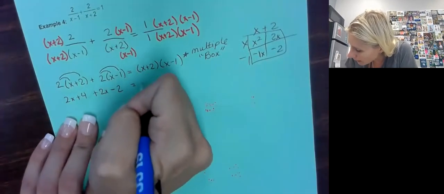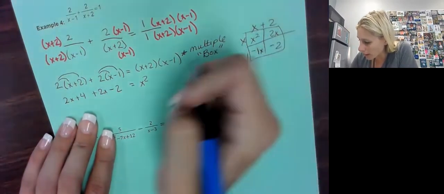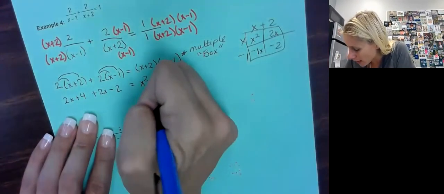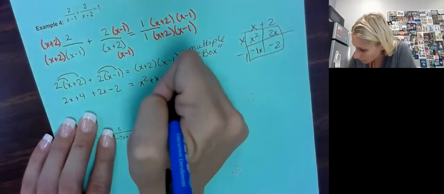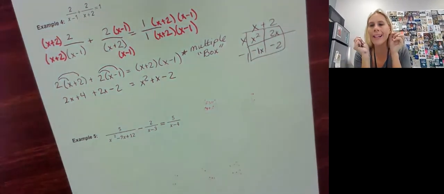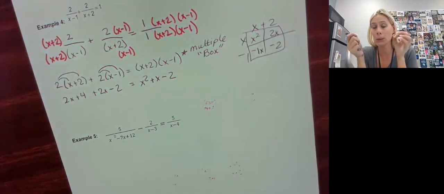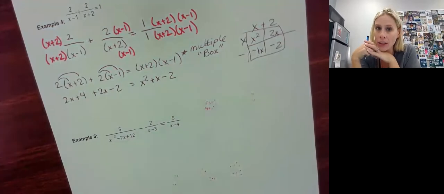So equals x squared. Well, 2x and negative 1x is a positive x and negative 2. Now, I want to give you a clue right here. When you have an x squared, with a coefficient of 1, it means more than likely you're coming out with 2 answers, which means you're going to factor.